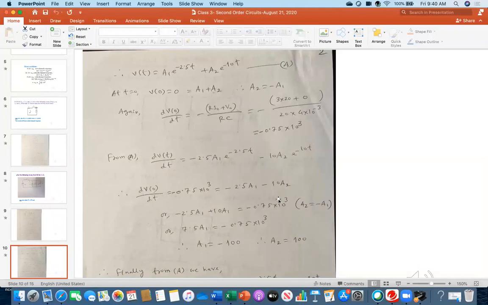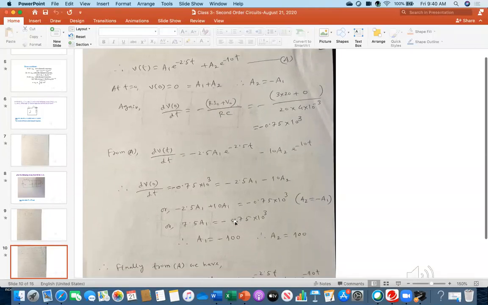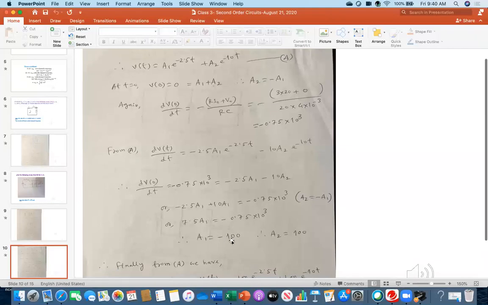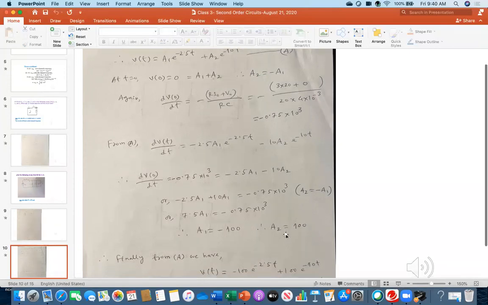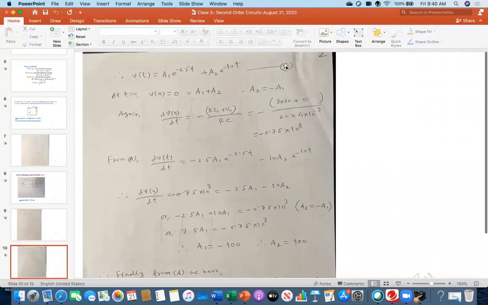And then just apply the algebra after that. Apply a2 equal to minus a1 that I derived there, so that it will be all a1. Finally, I am getting a1 value is minus 100 and a2 value is 100.